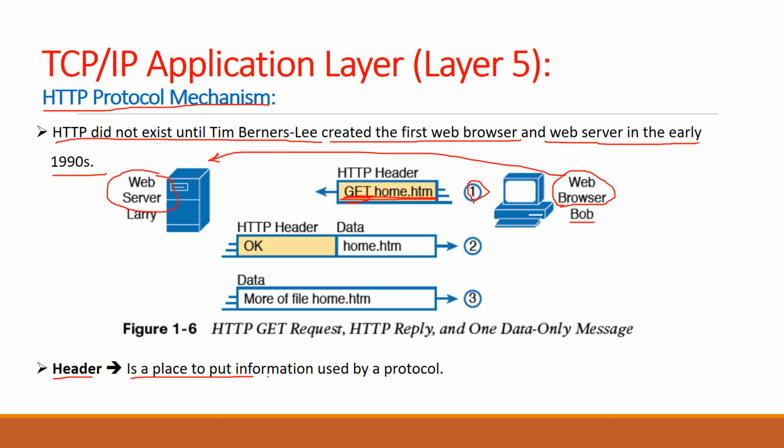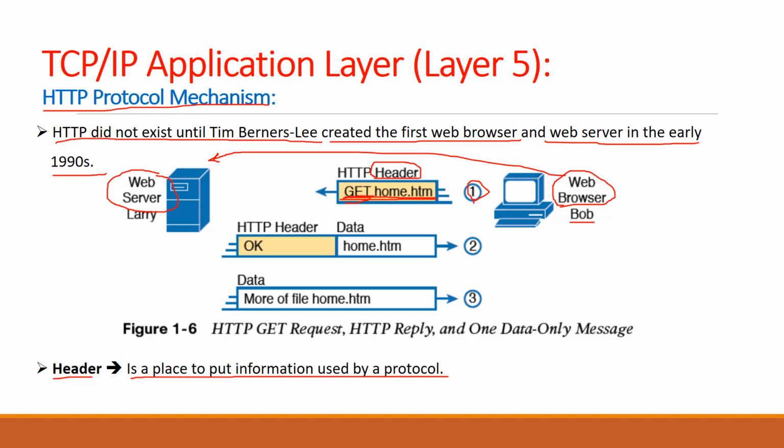A header is a place to put information used by a protocol. Each protocol will have some information. This information will be stored inside something called a header, and it is called a header because it exists before the data.